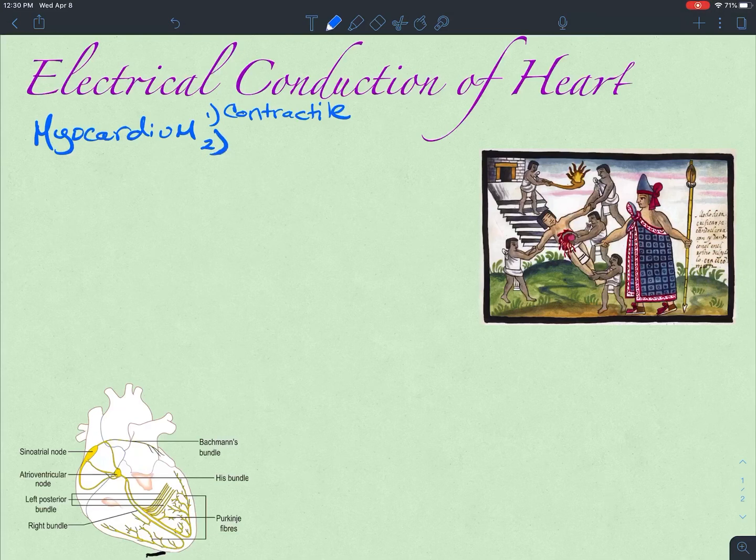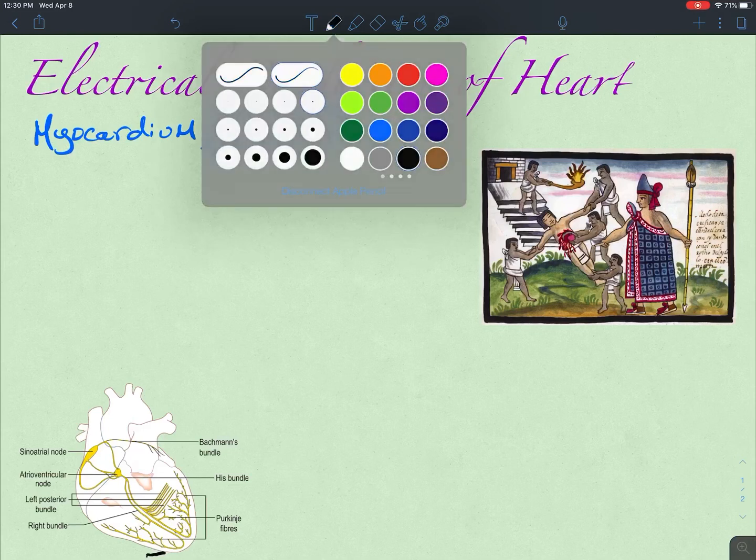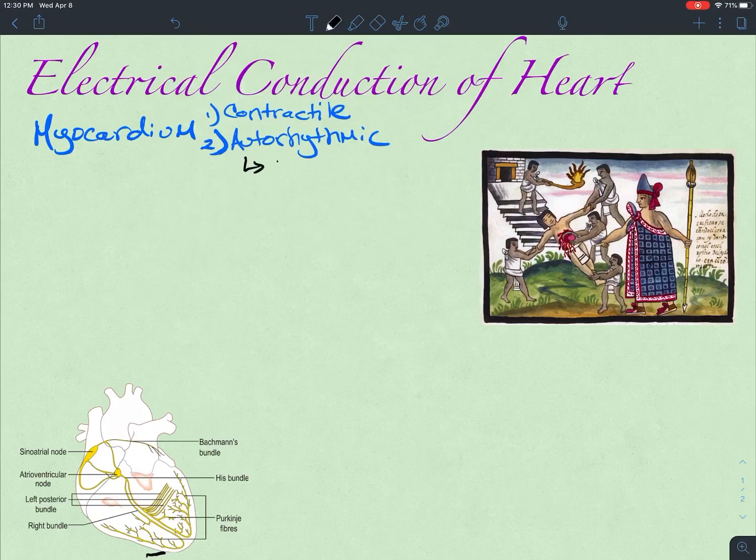But we also have what are known as autorhythmic cells. Autorhythmic cells set the pace or rhythm of the heart. These autorhythmic cells are going to dictate how often the heart contracts or pumps.